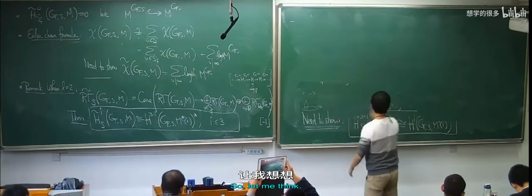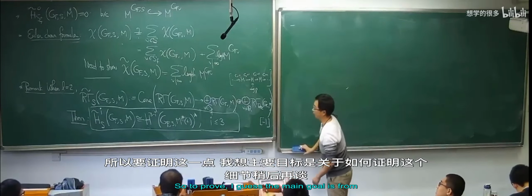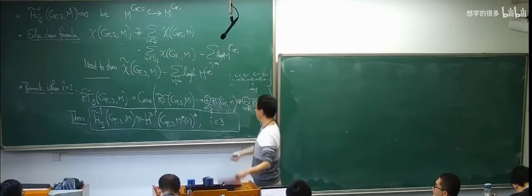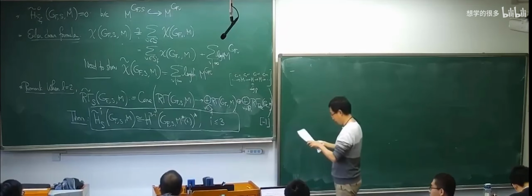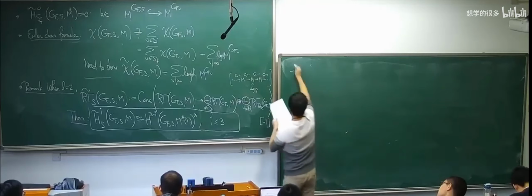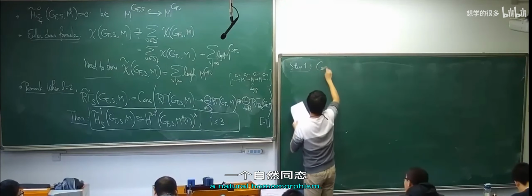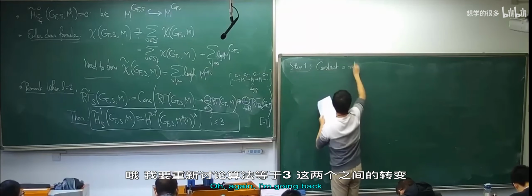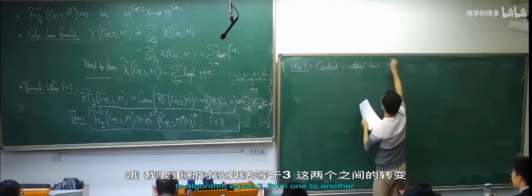So let me think. To prove this, I guess the main goal is to prove this, and that will come later. So the first step is to construct a natural homomorphism, again going back to L greater than or equal to 3, from one to another.